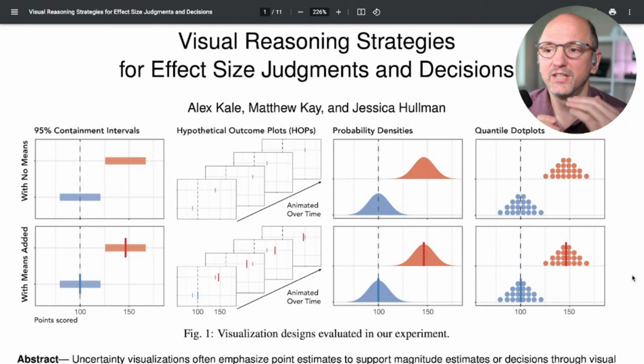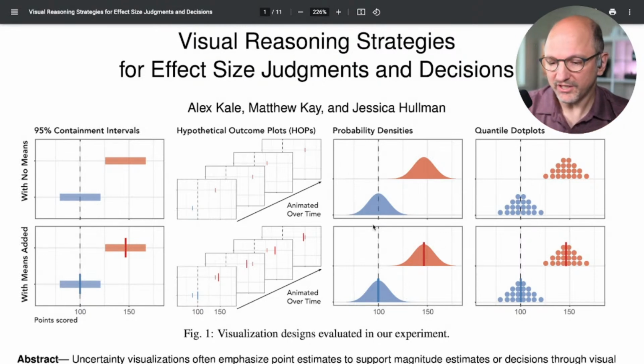And what they've also found in this study is, each of these charts has a version that shows the mean as a line. Yeah, all of these have lines, I guess, for the means. So if you show an extent, and in this case you see a 95% confidence interval, and do the same thing with the line for the mean, you get a very strong attraction force towards the mean.